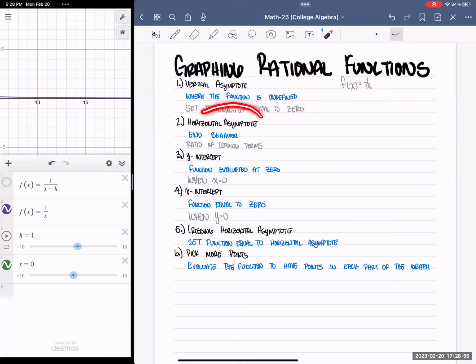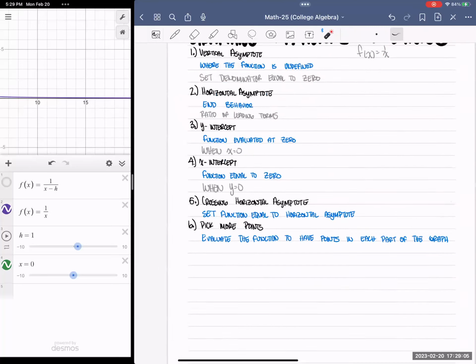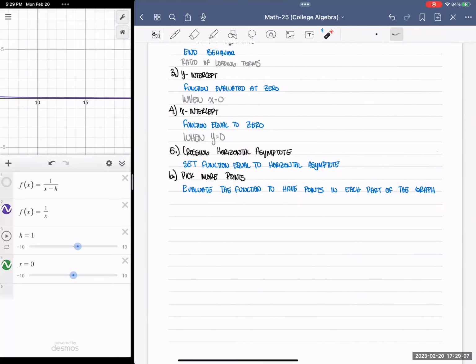There are times where we'll cross our horizontal asymptote. That's why I have a question about crossing the horizontal asymptote, or any of the asymptotes for that matter. The only time we're ever going to cross an asymptote is possibly at the horizontal asymptote.